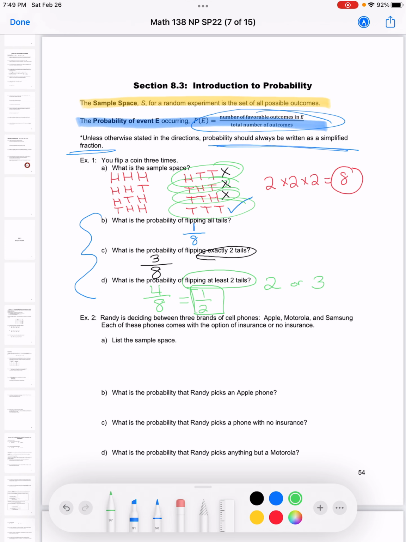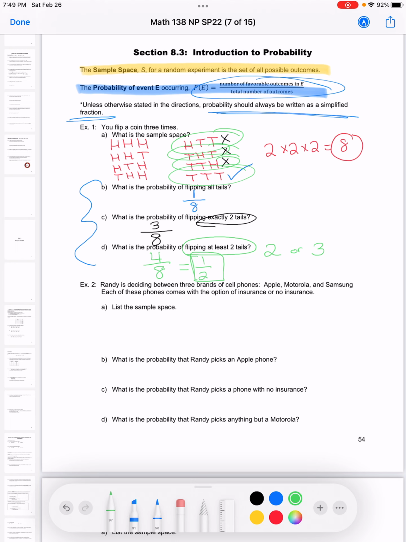We're going to practice this again with a different example here. So on this one, we've got 3 brands of cell phones, Apple, Motorola, and Samsung, and each of the phones either comes with insurance or not insurance. So I'm going to list out my sample space. For my sample space, I'm going to have each cell phone and whether they have insurance or not. So I'll have Apple with insurance and then Apple with no insurance.